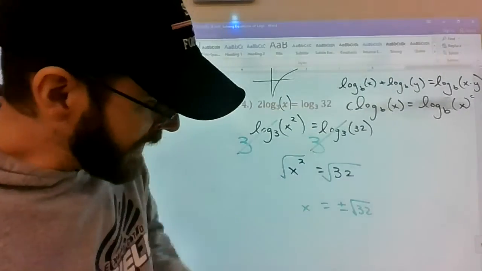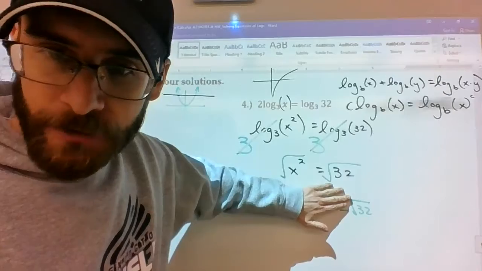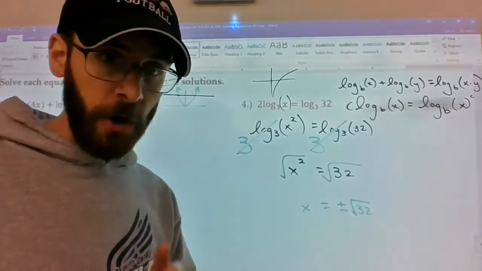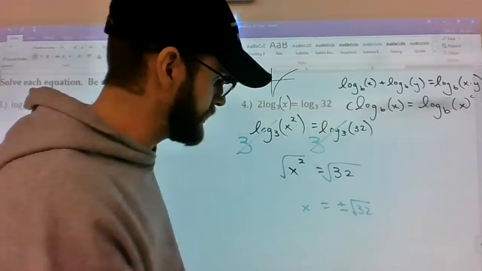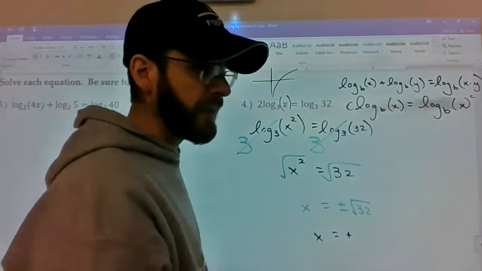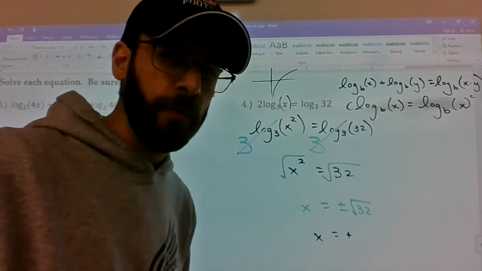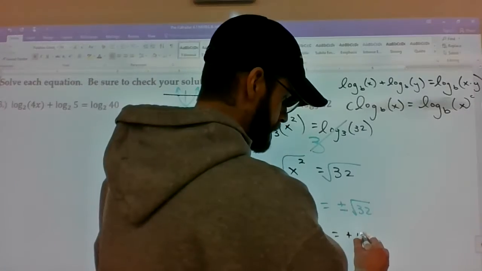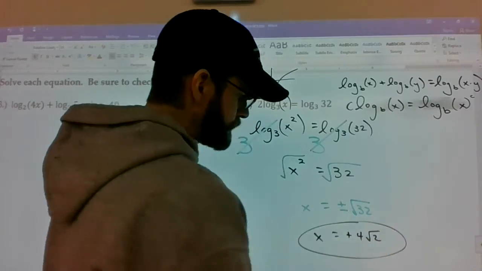That x value cannot be negative root 32. So your only solution here is going to be the positive root 32. That actually comes out to be 4 root 2.